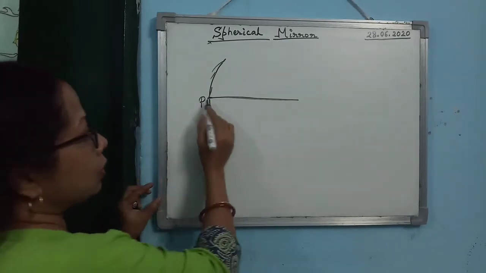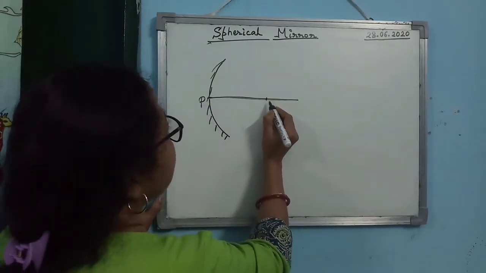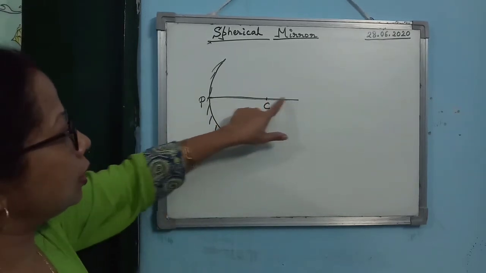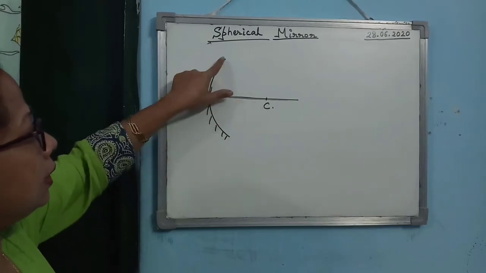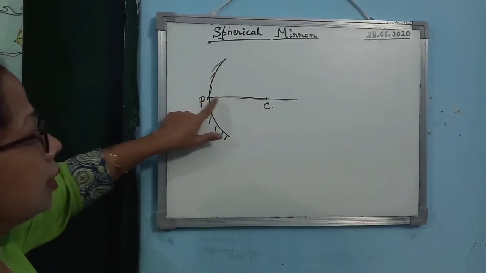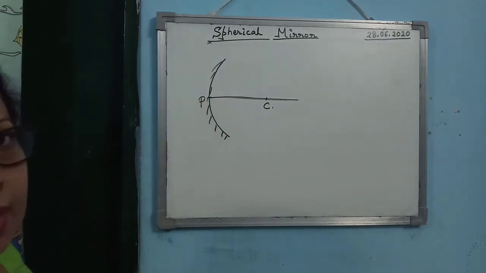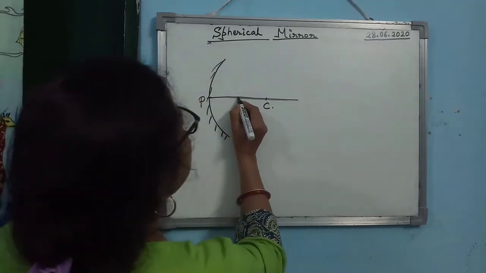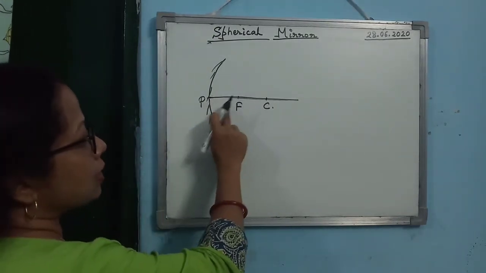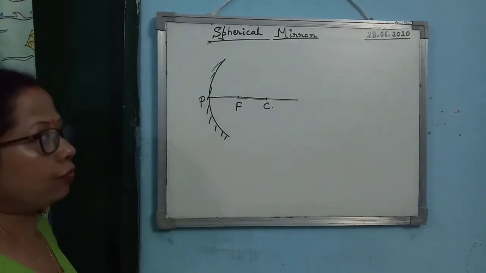That along one ruled line, draw one line, then take a radius of 6 cm, center on the line, mark it as C, and then draw the mirror. Alright, and then it will intersect the mirror at a point, that will be the pole, and the midpoint is the focus. Alright, means at a distance of 3 centimeter you will mark the point F.